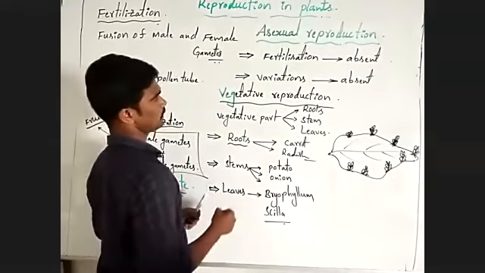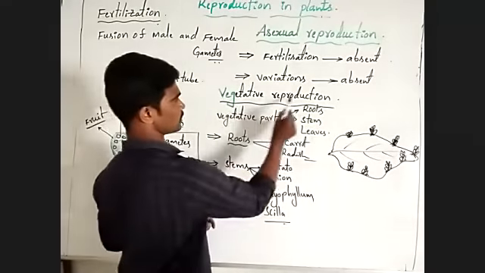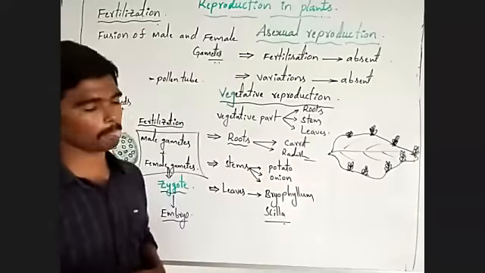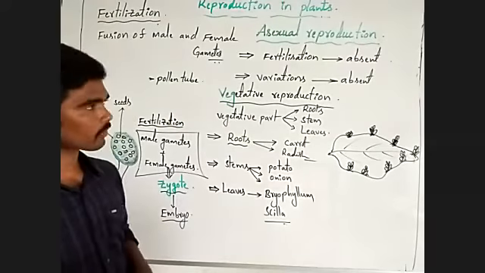This type of asexual reproduction is called vegetative reproduction.